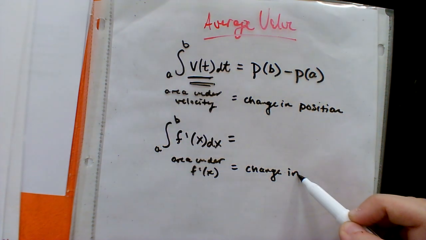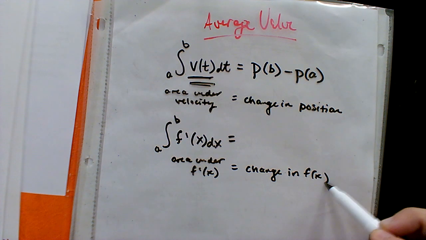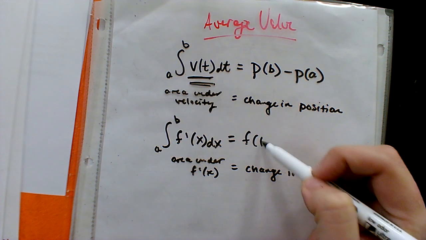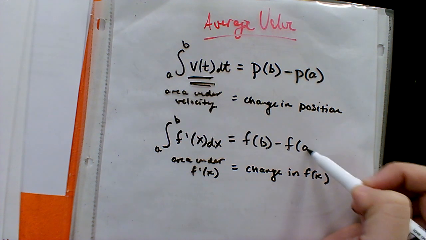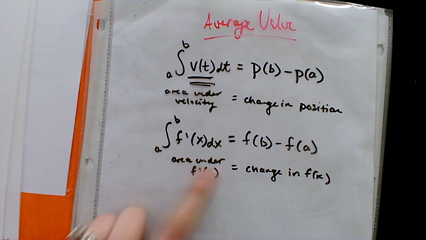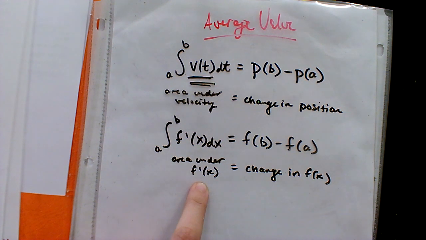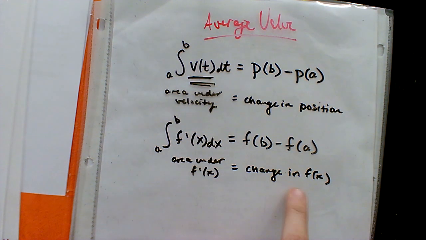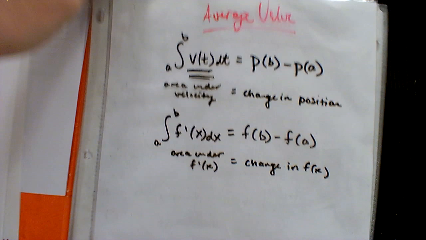Change in f of x, okay, the antiderivative. So this would be f of b minus f of a. Okay, so the area under any graph is equal to the change in antiderivative value. Okay, we've been dealing with that for some time.